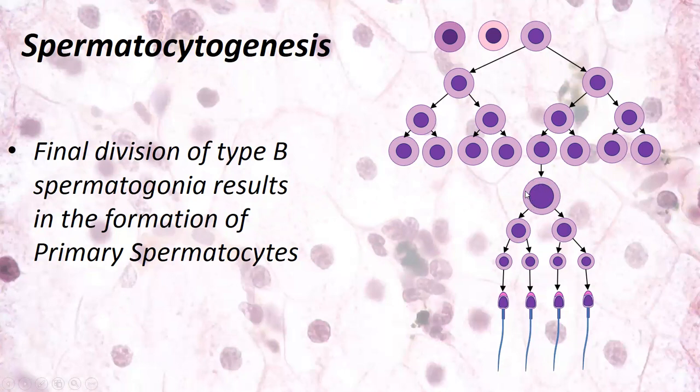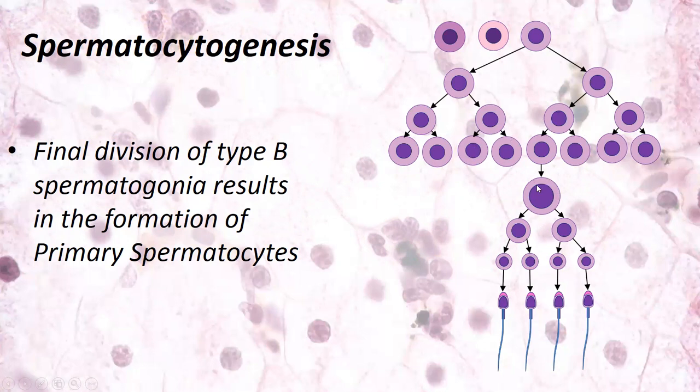The cell passes through the synthetic period and increases in size, and becomes a primary spermatocyte. Here we can see the difference in appearance of the type B spermatogonia and the primary spermatocyte. It's bigger and has a bigger nucleus because it has passed through reduplication of DNA. So the primary spermatocyte is the second stage after the spermatogonia.